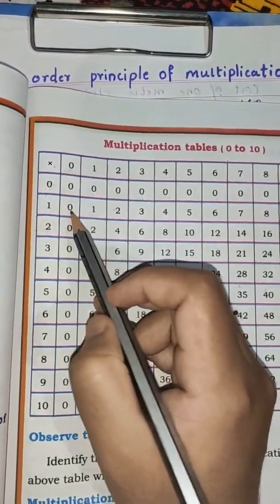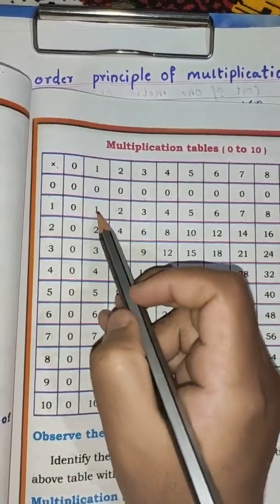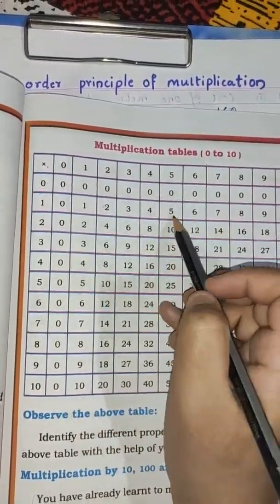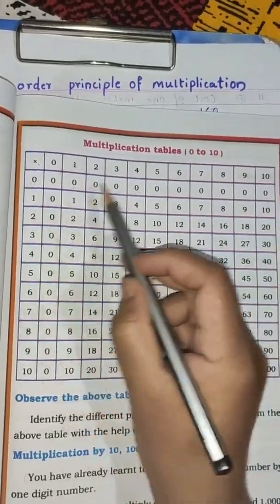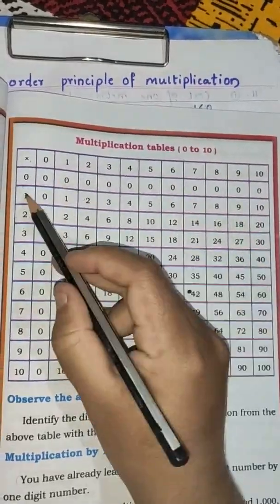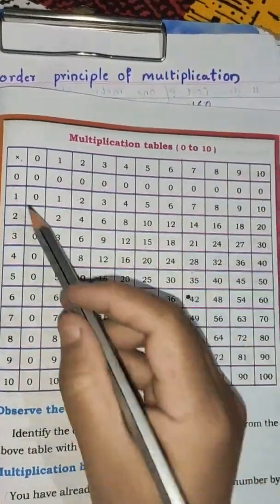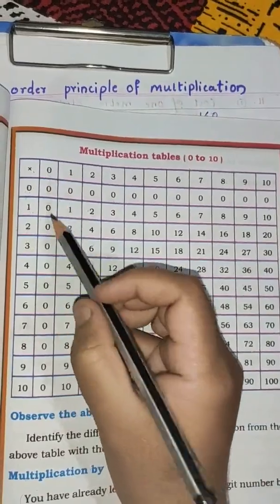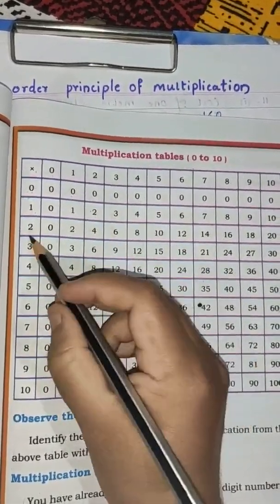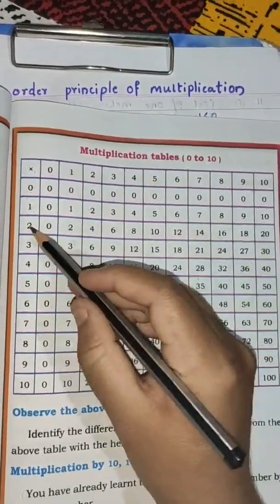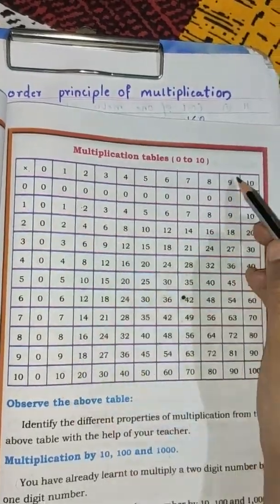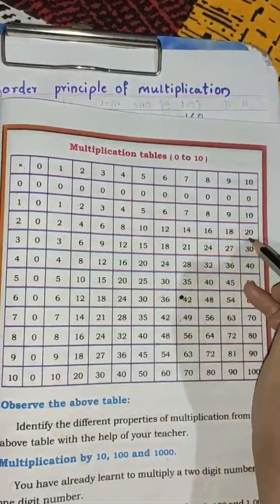So 1 0s are 0, 1 1s are 1, 1 2s are 2, 1 3s are 3, 1 4s are 4, 1 5s are 5, 1 6s are 6, 1 7s are 7, 1 8s are 8, 1 9s are 9, 1 10s are 10. Next, 2 0s are 0, 2 1s are 2, 2 2s are 4, 2 3s are 6, 2 4s are 8, 2 5s are 10, 2 6s are 12, 2 7s are 14, 2 8s are 16, 2 9s are 18, 2 10s are 20, right?